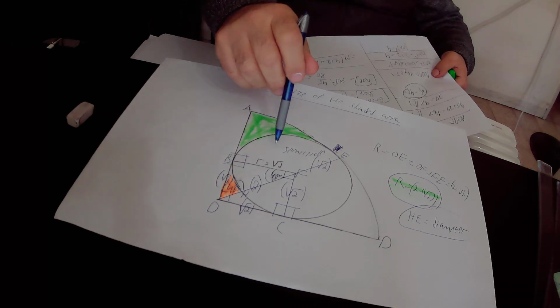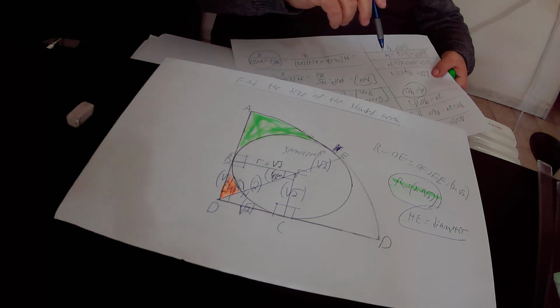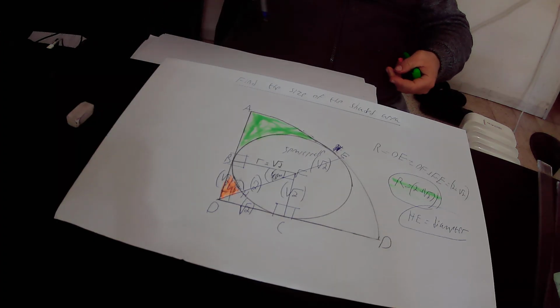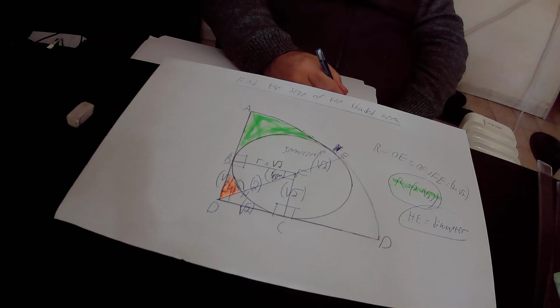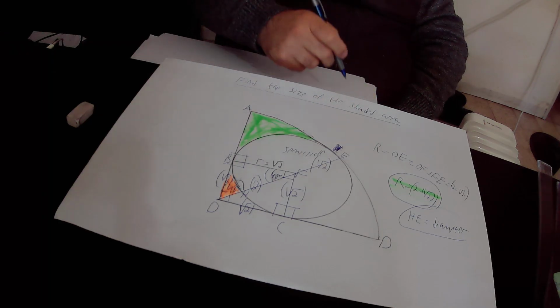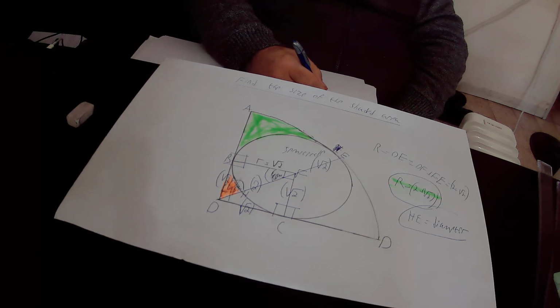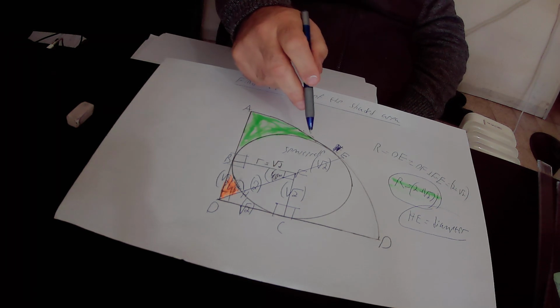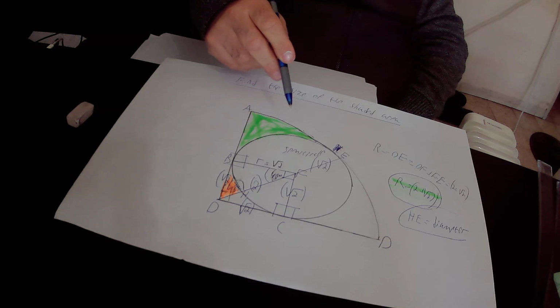So in the next step we find out the area of this small semicircle. What is the area of the small semicircle? The small semicircle is part of this small circle. And we know that the radius of this small circle is r.